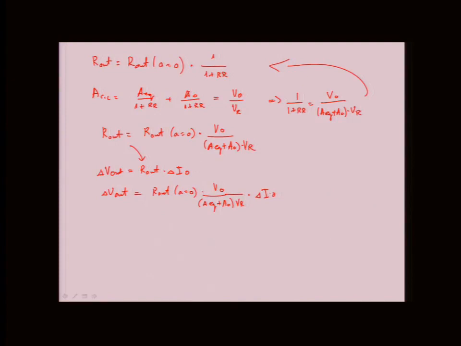Normalizing, let's just call this, for consistency, delta VO because it's the output voltage. So we're really interested in the percentage change, and that is then R out of A equals 0 divided by A equivalent plus A0 VR times delta IO.